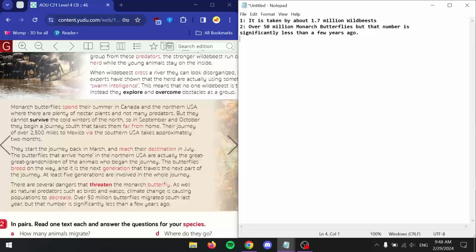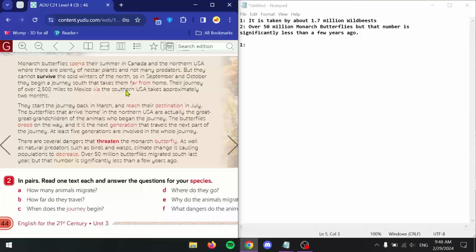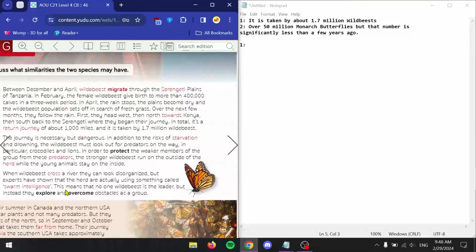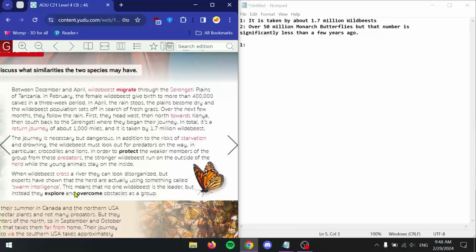All right. Let's go to question number 2. How far do they travel? Let's take a look at text 1. They travel a return journey of about 1,000 miles.